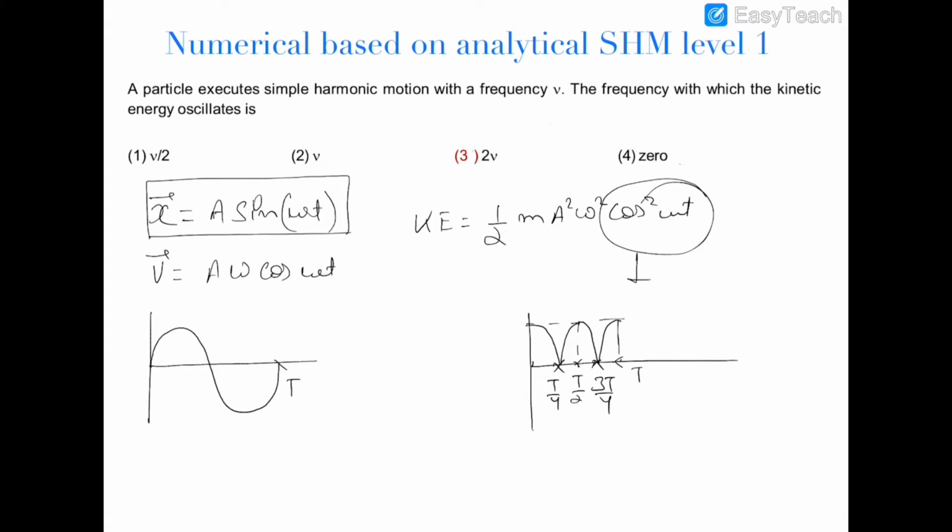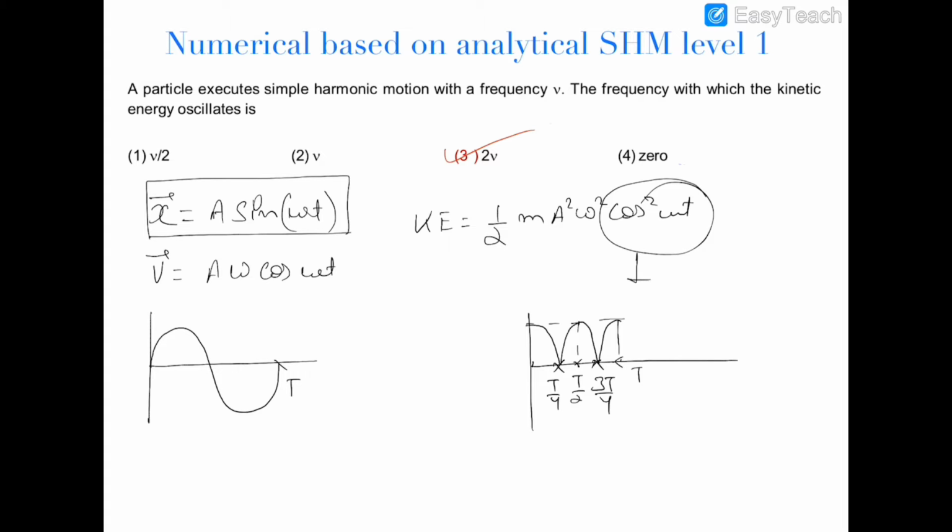Then we can say that the frequency of SHM of the kinetic energy would be double, because the time period of SHM of the kinetic energy became half, and therefore the frequency of SHM would become double. So the answer is option number 3.